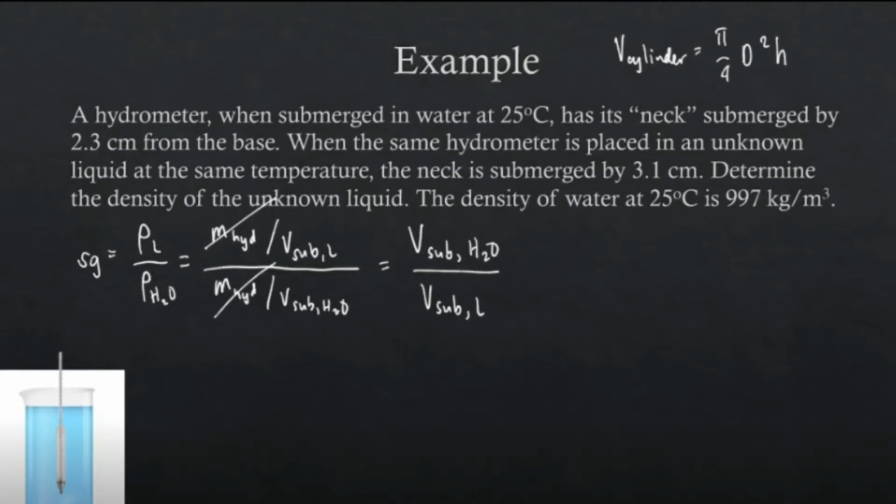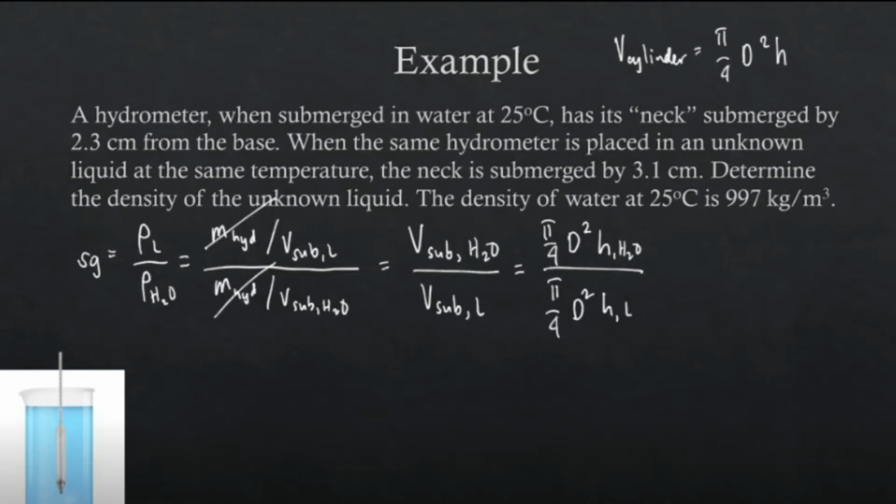In this problem, the height of the cylinder is the submersion level of the neck of the hydrometer. So for water, h is 2.3 centimeters, while for the unknown liquid, it's 3.1 centimeters. Let's substitute the definition of volume. This would be pi over 4 times D squared times h for water divided by pi over 4 times D squared times h for the unknown liquid.